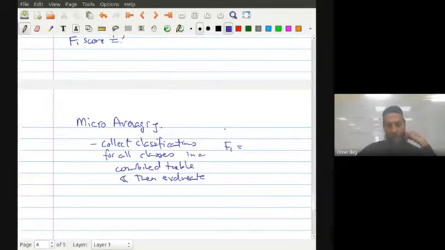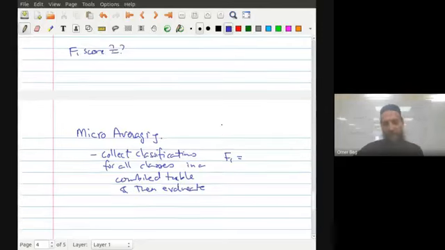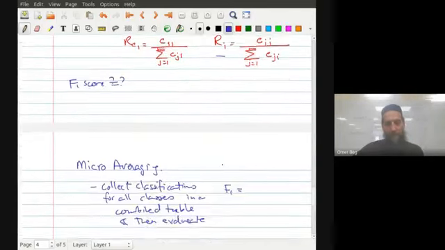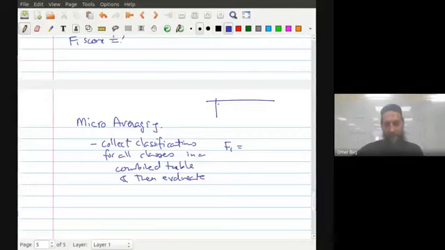So for example, in micro averaging, for the entire table, we have these correct samples in the table, and we have the values which are not correct.